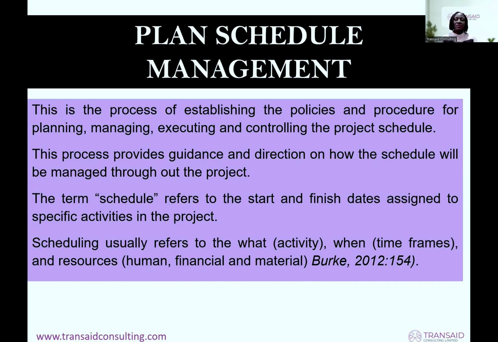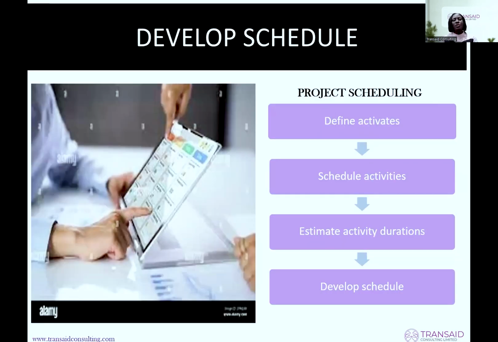So scheduling usually refers to what? The activity, when, the time, and resources: human, financial, and material. So develop schedule. You define the activities. These are the activities that we're going to do. Then you sequence them. Which one is coming before which one? And then you estimate what the durations are.